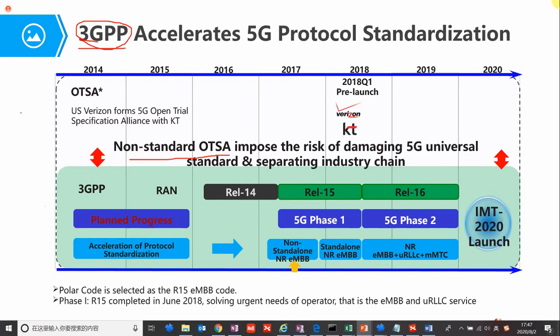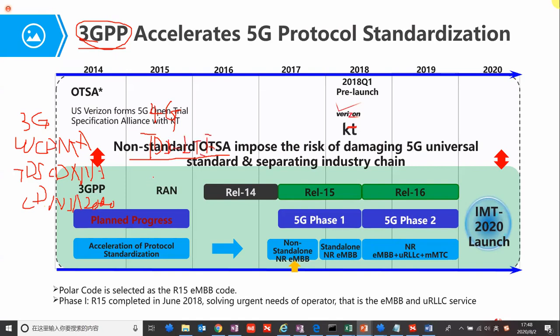Like in 3G, there were three typical technologies: WCDMA, TD-SCDMA, and CDMA2000. In 4G, TD-LTE and FDD-LTE. In 5G, just NR, new radio.